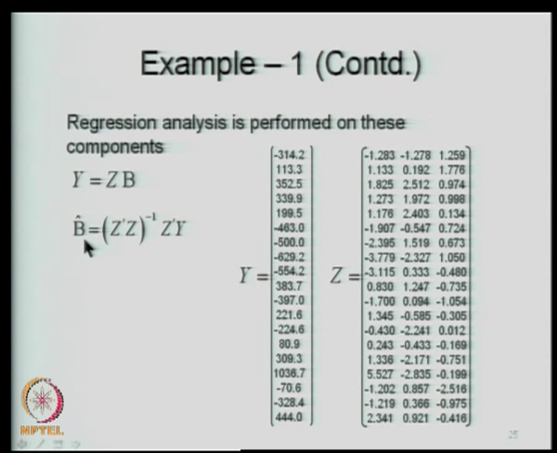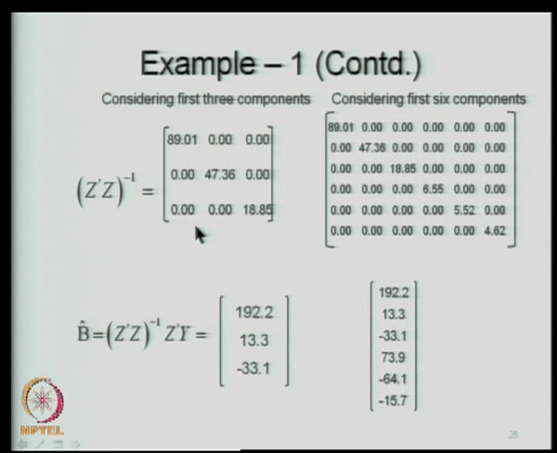So, I get beta cap as (z dash z) inverse z dash y. I get the beta cap, (z dash z) inverse, the intermediate values are given. Look at this now, if we took only the first 3 components, I am getting the matrix up to this point.